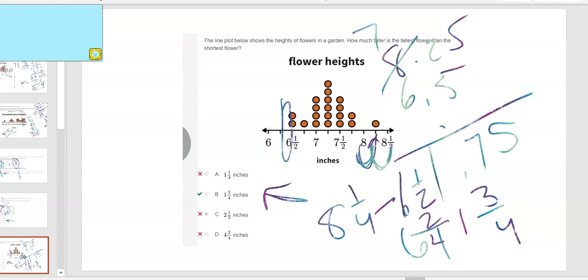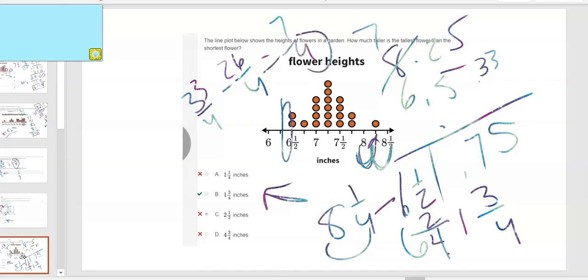Make them mixed numbers if you want. 8 times 4 is 32, plus 1 is 33. So that'll be 33/4 minus 4 times 6, 24, 25, 26/4. That's 7/4, which would be 1 and 3/4. 4 goes into 7 one time with 3/4 left over. There are 2 different ways to do that one.